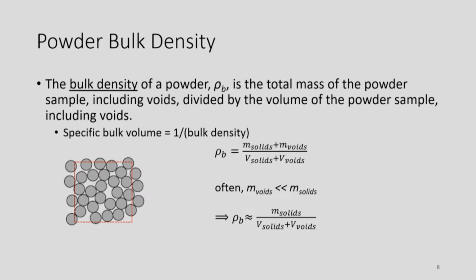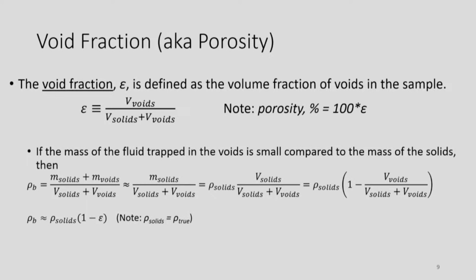So if you include all the void space within the bulk, the density that we characterize from that is the bulk density, right? It is the mass of particles over the volume of solids plus the volume of the void space, okay? You all know bulk density, right? It's a simple measurement, okay?